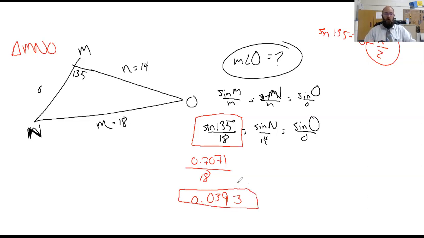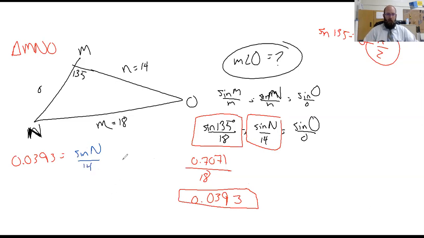So I'm actually going to now set that equal to sine n over 14, because there's only one missing variable there. If I were to use the o's, there's two missing variables, can't find anything. So 0.0393 equals, let me change colors, sine n over 14.